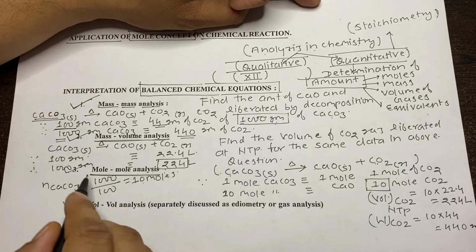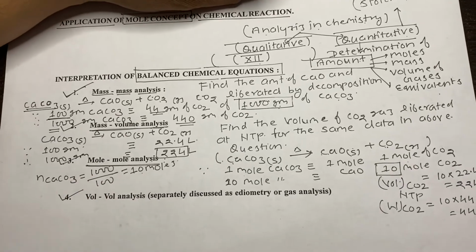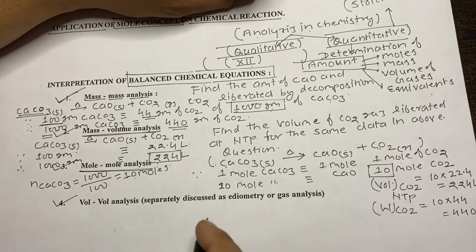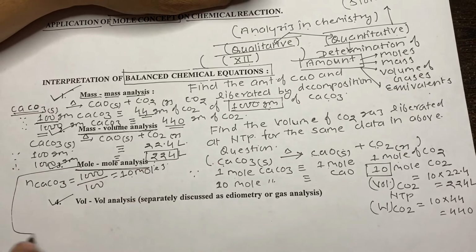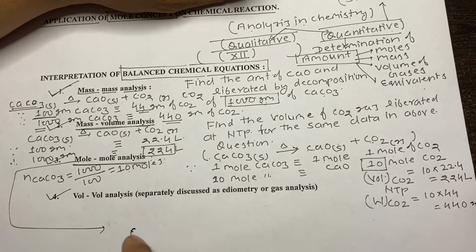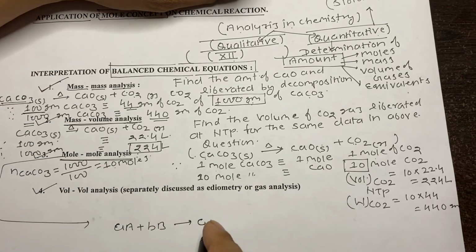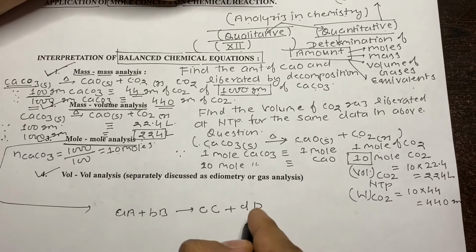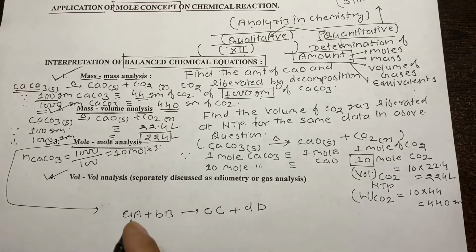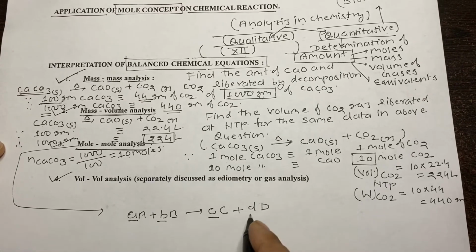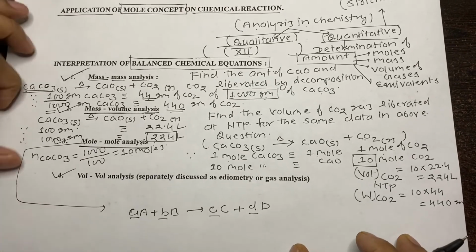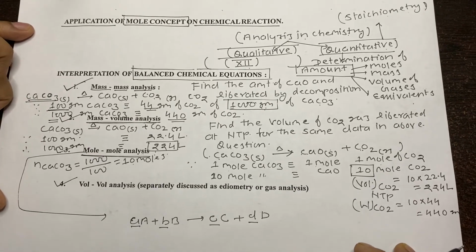How can we write the mole analysis equation? For a balanced chemical reaction, aA plus bB gives cC plus dD, where a, b, c and d are the stoichiometric coefficients of the balanced chemical equation.